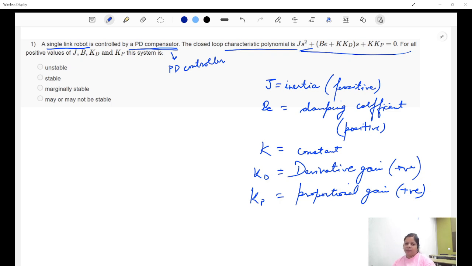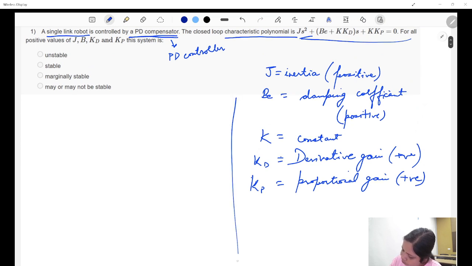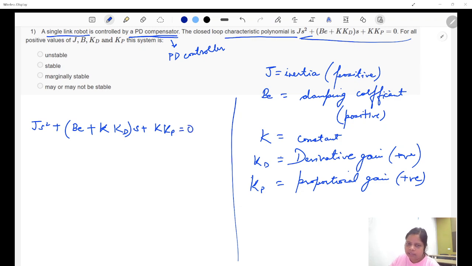So what we can say from here, let me write it here: J s square plus (B plus K Kd) s plus K Kp is equal to 0. If we compare it to a standard second order equation, it's going to be a s square plus b s plus c equal to 0.